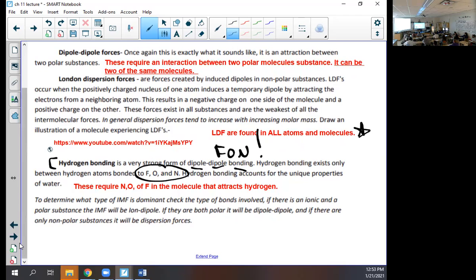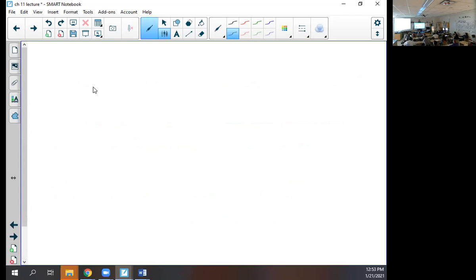It works with N, O, and F, and that's because of the difference in electronegativity, really.